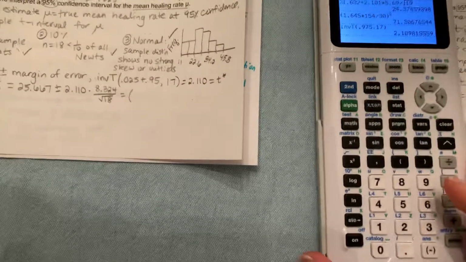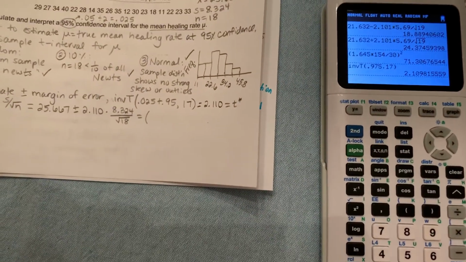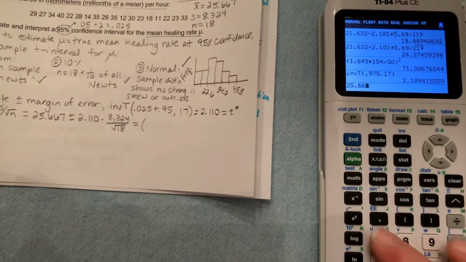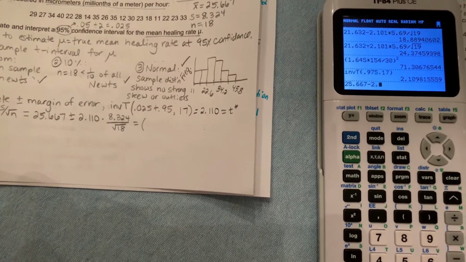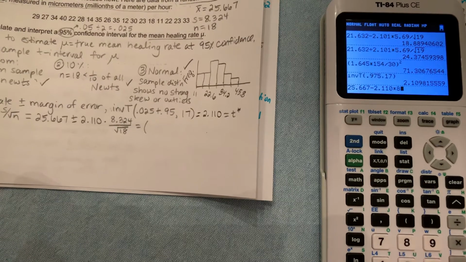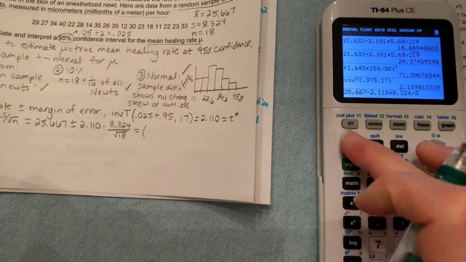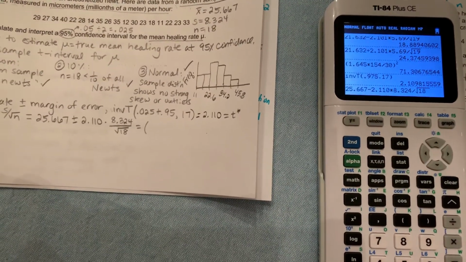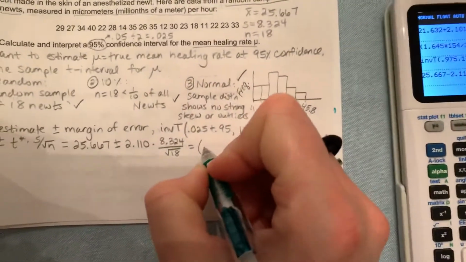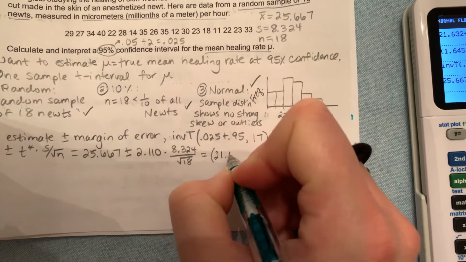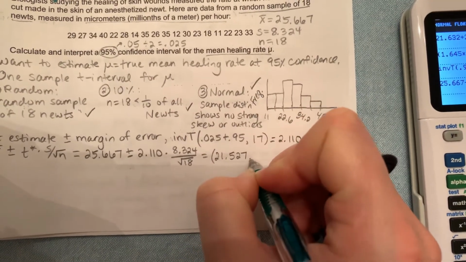I can type that all into one command. So I'm going to do my 25.667 minus first, because I want the lower limit first, 2.110 times 8.324 divided by, second, square root of 18. Okay, so I got 21.527 as my lower confidence interval limit.